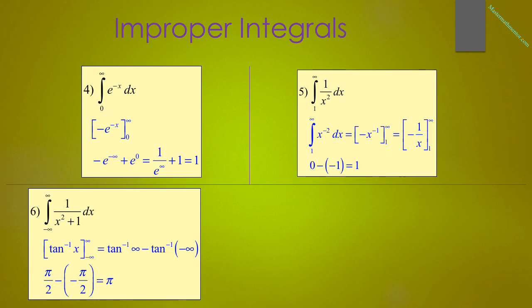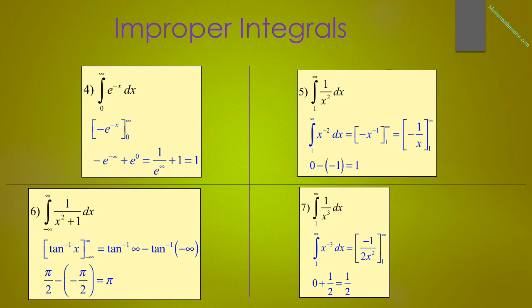This is equal to the inverse tangent of infinity minus the inverse tangent of negative infinity. The inverse tangent of infinity is simply pi over 2, minus the inverse tangent of negative infinity, which is negative pi over 2. So the area under that curve from negative infinity to infinity is simply pi.